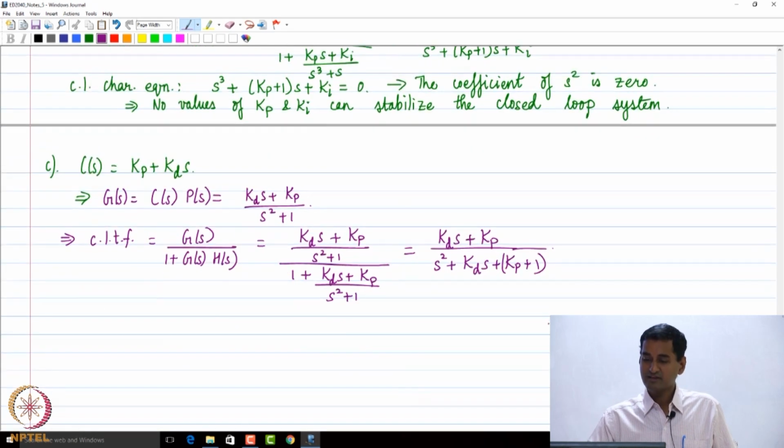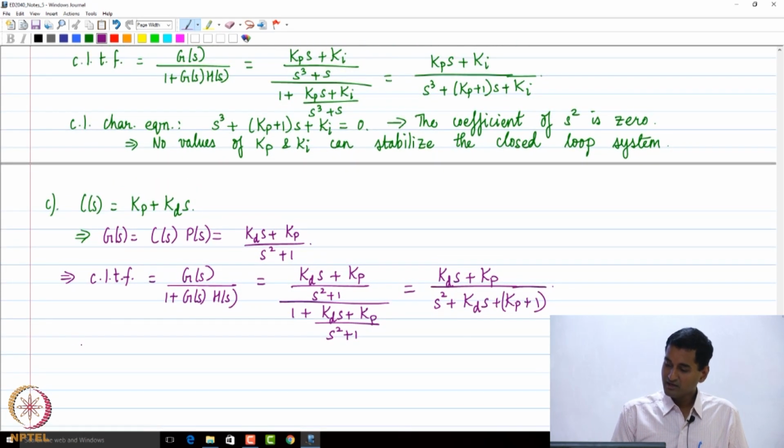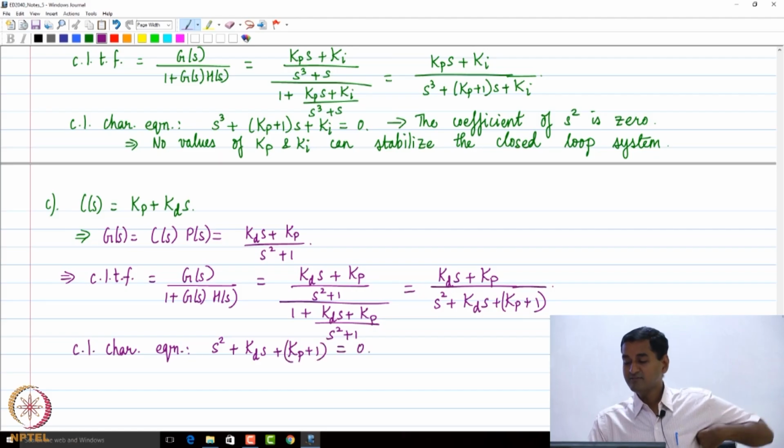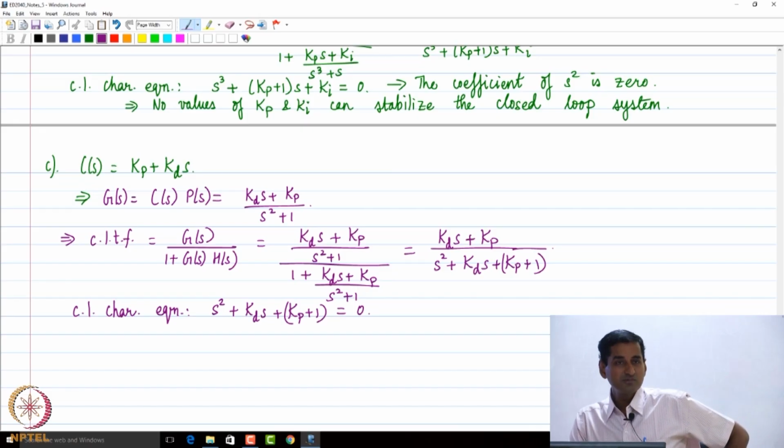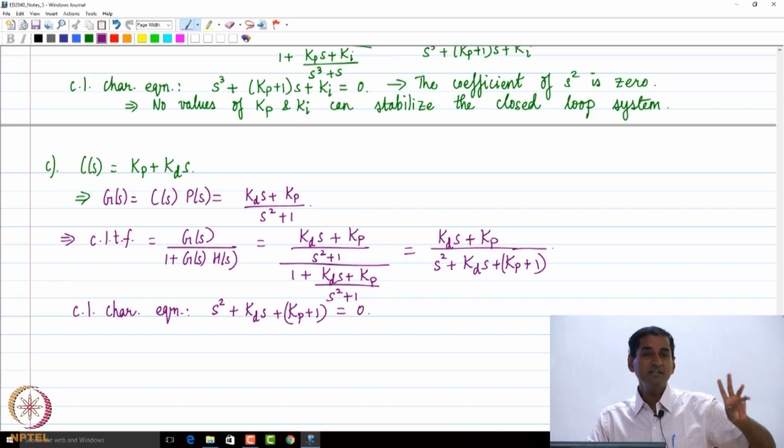So the closed loop characteristic equation is s squared plus Kd s plus Kp plus 1. Immediately we see this is a polynomial of order 2. The closed loop system with a derivative PD controller is still a second order system.